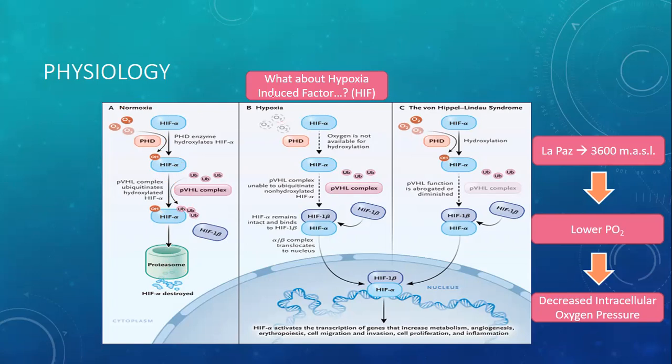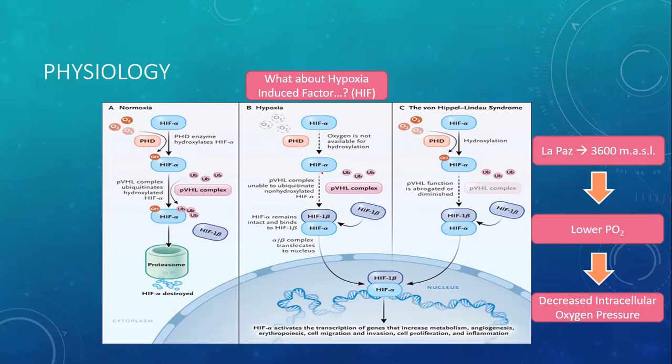However, what happens when we live in some high altitude city like myself and some other student that I know that lives here in La Paz or El Alto? What happens when we are in hypoxia? This stimulus, hypoxia, is the main stimulation for the inhibition of this enzyme. So this HIF alpha never gets destroyed.